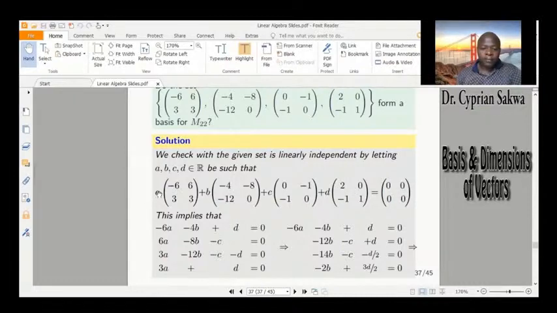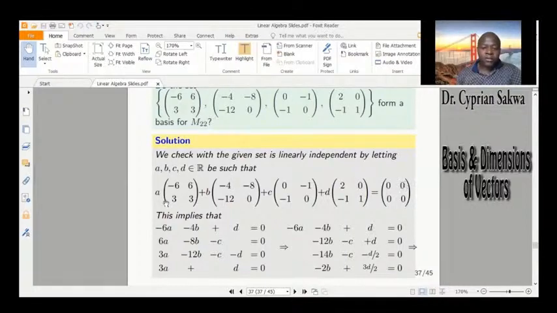So just multiply the first element here times A, the first element here times B, the first element here times C, the first element here times D, add those first elements, equate to 0. Come to the second element here, 6 times A, negative 8 times B, negative 1 times C, 0 times D, add those results and equate to 0.